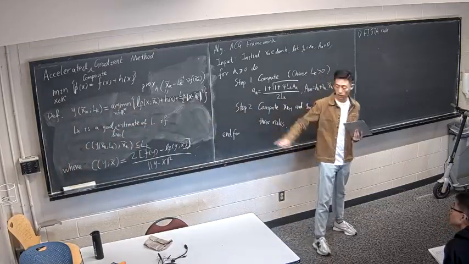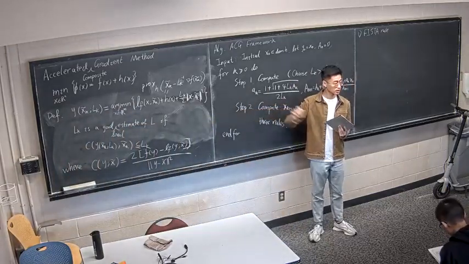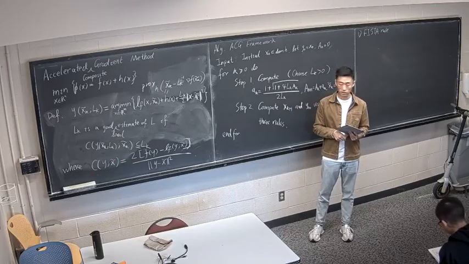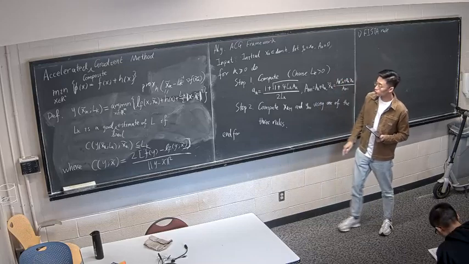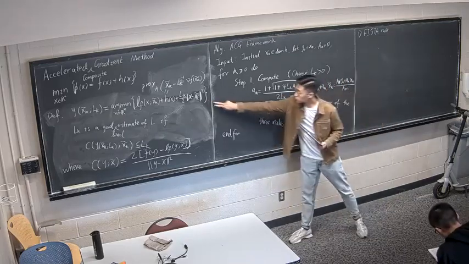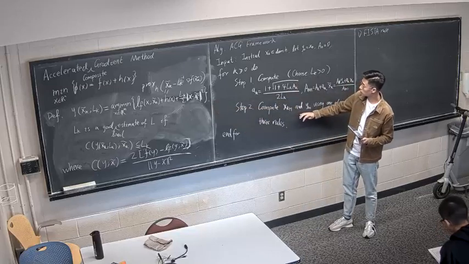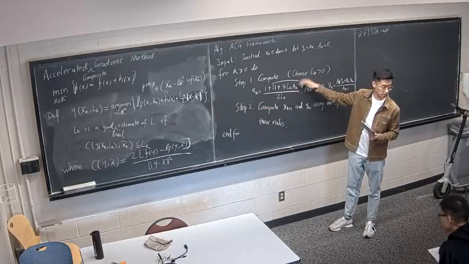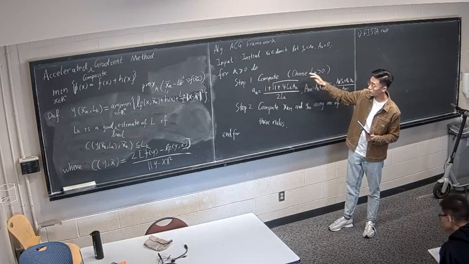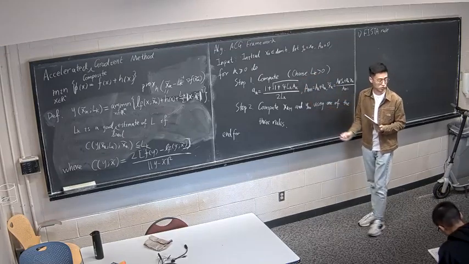Any other questions about the definition there? If we use L, we reduce to the proximal gradient method. If you only do this step, that's proximal gradient, but we are going to put this step here. So step 1 is an additional step compared with proximal gradient. With step 1, you can improve the complexity and convergence rate.